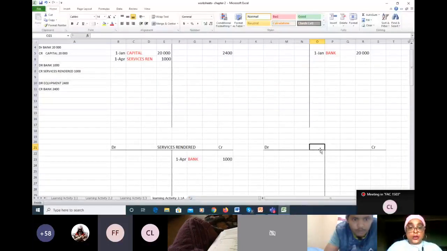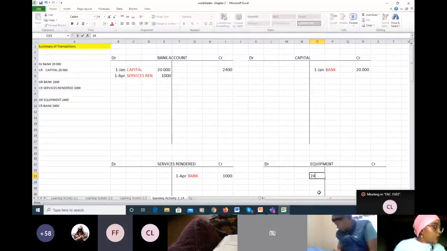So my equipment account, I'm going to debit because that's where we agreed assets increase, on the debit side. And because we paid cash for this equipment, we're going to credit our bank account because our bank account is getting less.